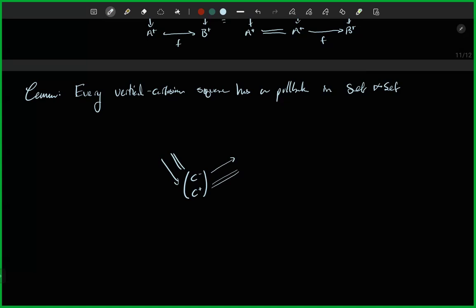So these are both, in other words, the shape here is something like A, C, B in here, and we need a P that forms the pullback. But now we're doing it in set. So all of these things are pairs. So this is A plus, A minus, B plus, B minus. And now we need to give something up here.